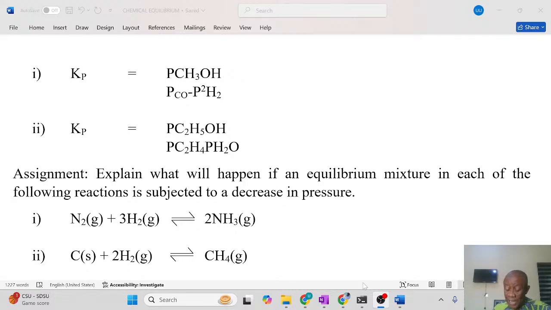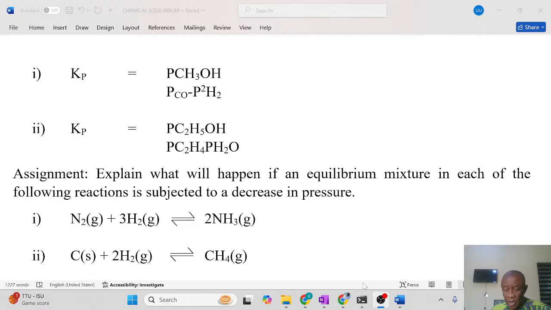You can see the two are exact opposites of each other. We're also asked to look at the standard enthalpy changes at that particular temperature, for the reaction giving CH3OH and the reaction giving C2H5OH.